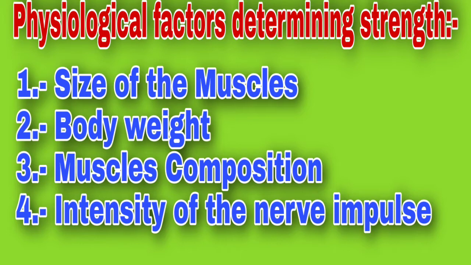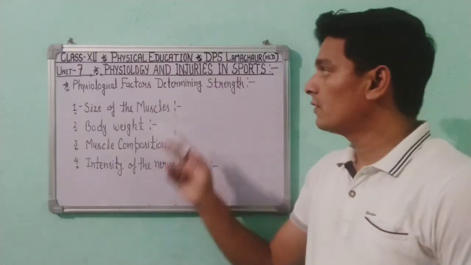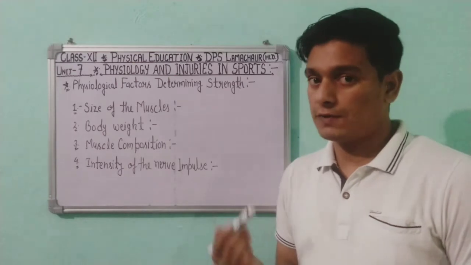When a stronger nerve impulse from the central nervous system provokes a larger number of motor units, the muscles will contract more strongly and will produce more force or strength. Hence, the intensity of the nerve impulse also reflects the amount of strength. So these are the physiological factors determining strength of an individual.